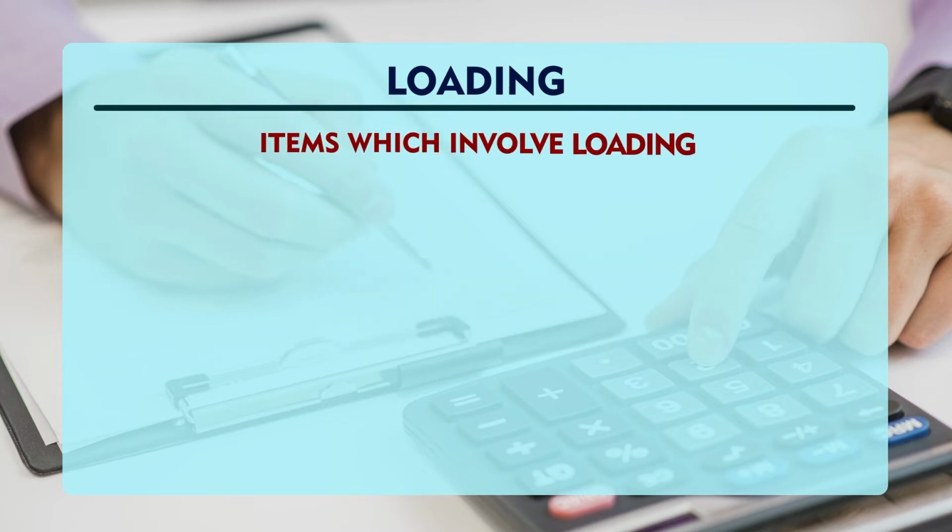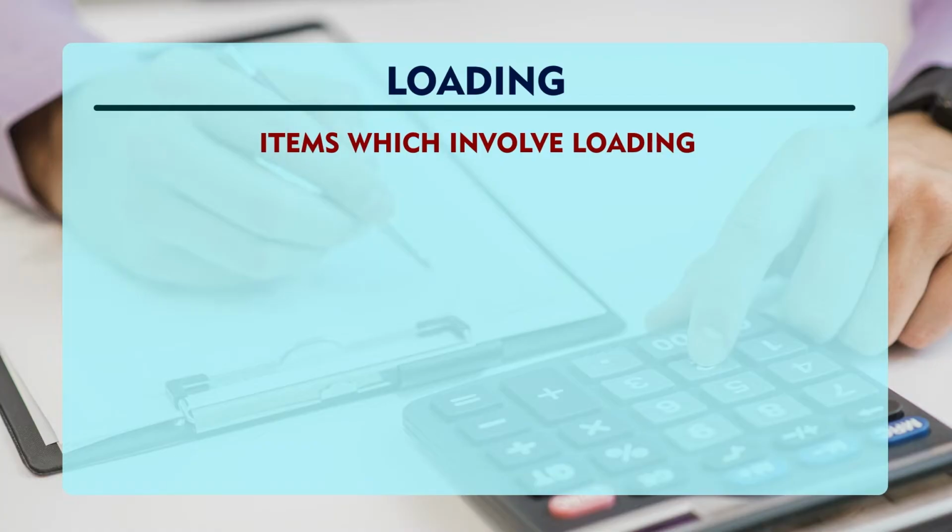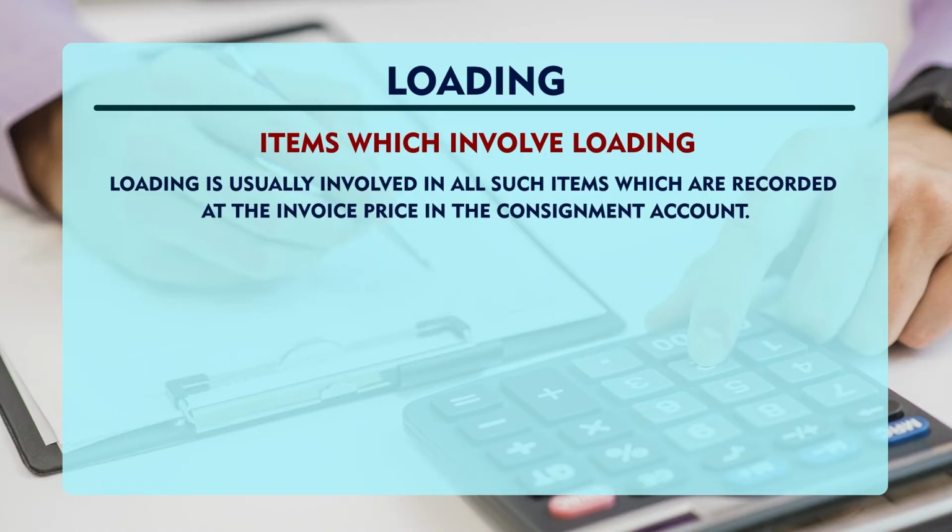So, items which involve loading. Let us now discuss what are those items where the amount of loading is involved. It is very simple, dear learners, as we have discussed this fact many times, that loading is involved only in the items where goods are involved.